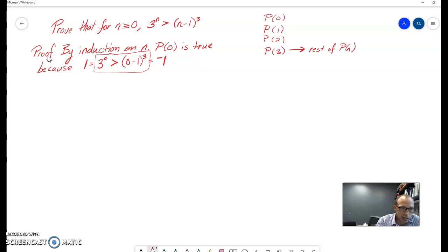And then I said 3 to the 0 is 1. This one here is negative 1 to the third power, which is negative 1.